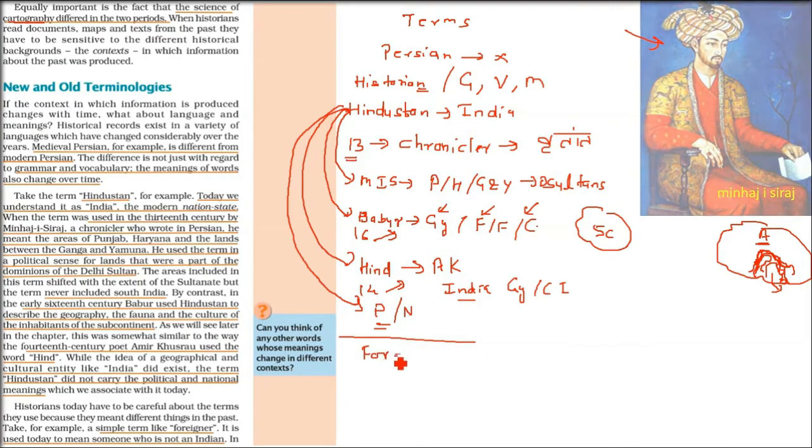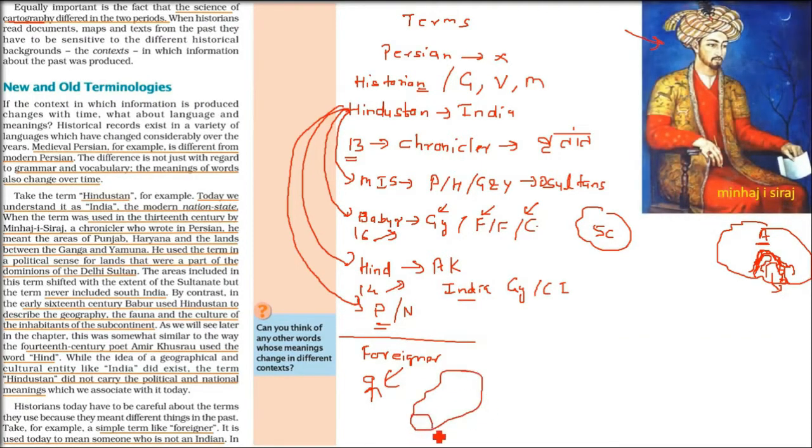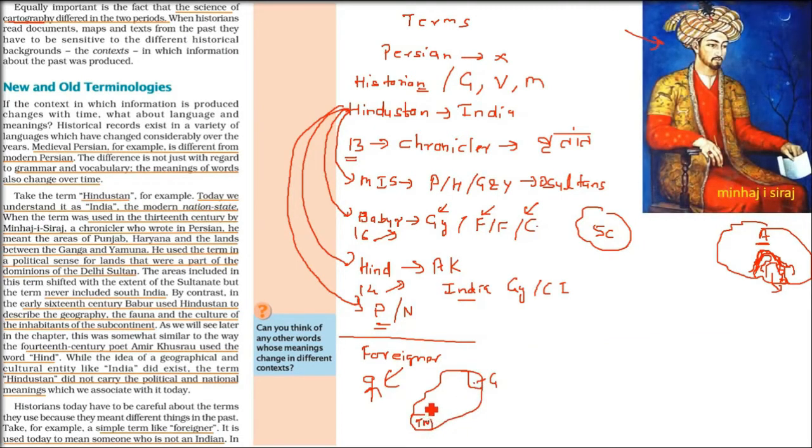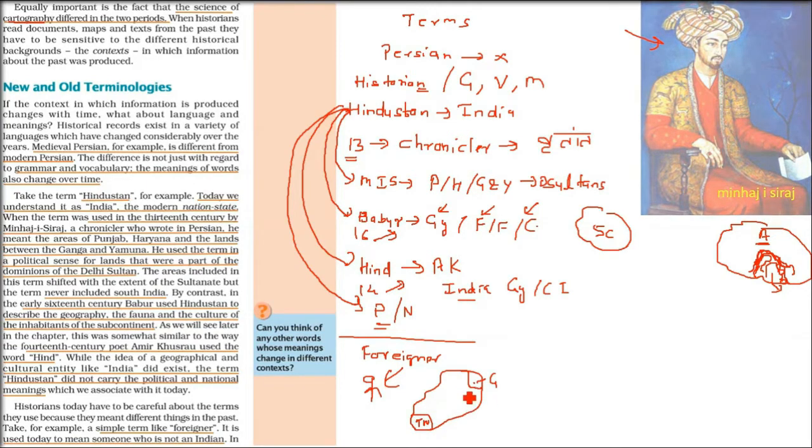Let us take one more word, foreigner. Now what does foreigner mean today? If you see anyone who has white skin, or brown or white hair, you will say he is a foreigner. In India, if a person from Tamil Nadu goes to Gangtok or the Northeast, the Northeast people are quite similar to Thai or Chinese people, they look like them.